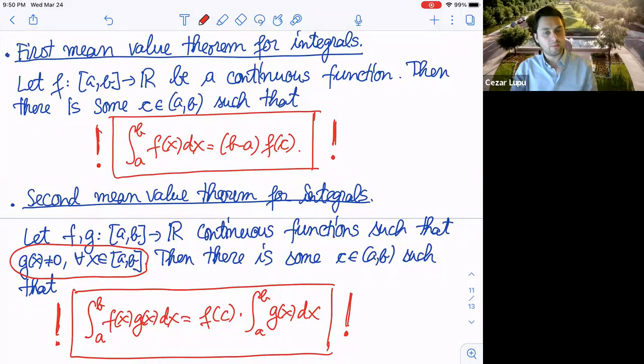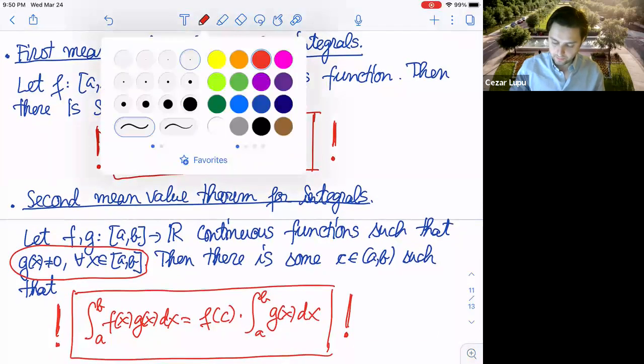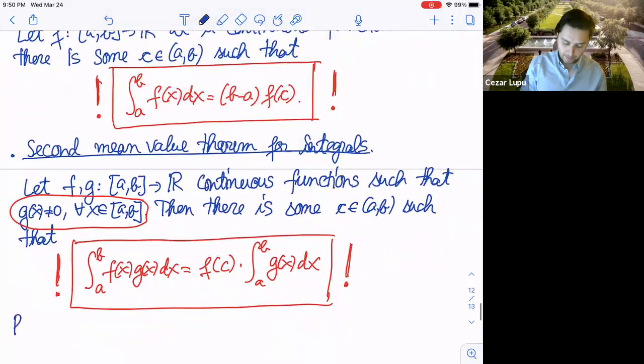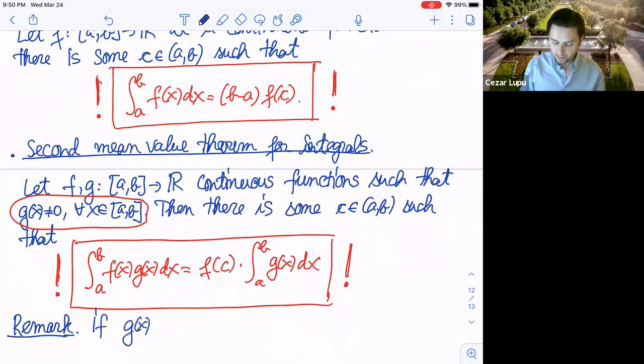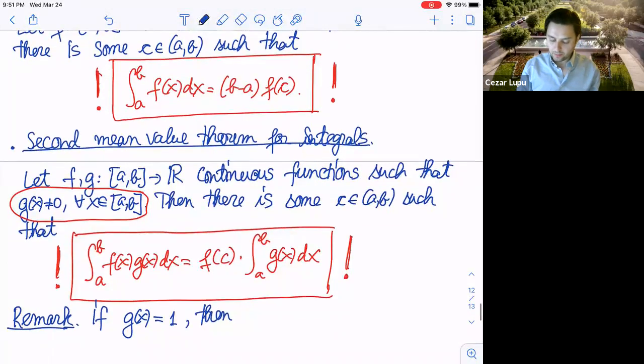If you look closely, let's point out this remark: if g is a constant function, let's say the constant function 1, then we recover the first mean value theorem.